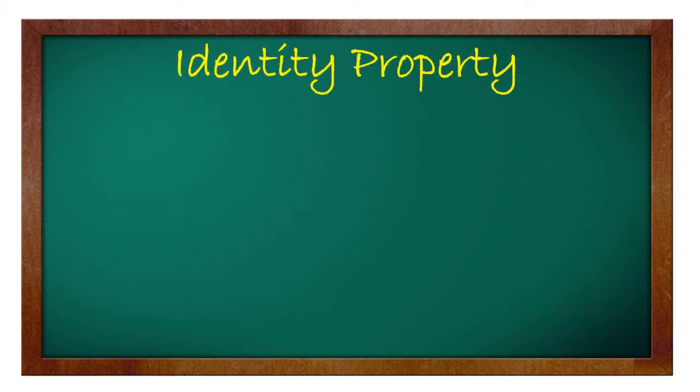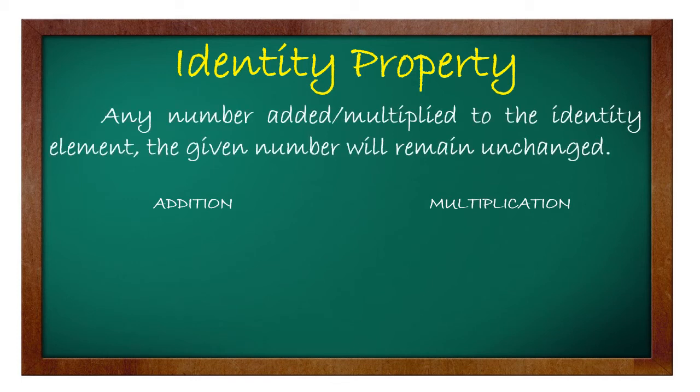Next property is the identity property of addition and the identity property of multiplication. Sa identity property natin, any number added or multiplied to the identity element, the given number will remain unchanged. Ibig sabihin, kung meron tayong given number at inadd natin siya using the identity element or minultiply natin siya using the identity element, yung sagot niya, yung number pa rin na yon.